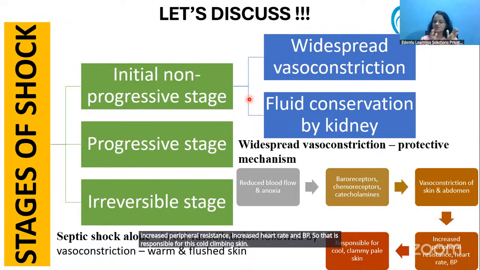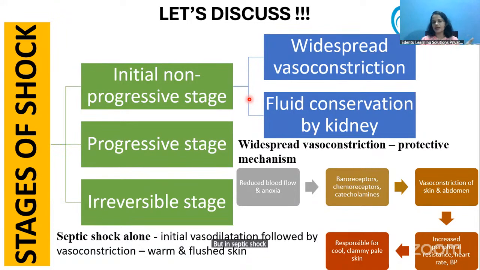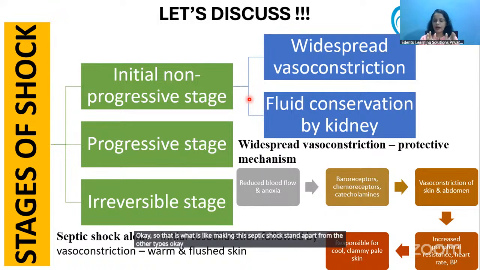But in septic shock alone, there will be a different mechanism. That is what makes septic shock stand apart from the other types. In septic shock, initially there will be vasodilatation.